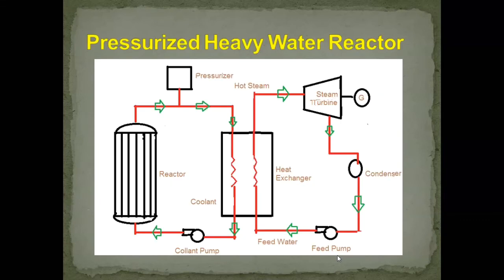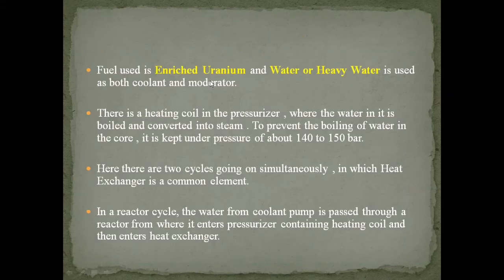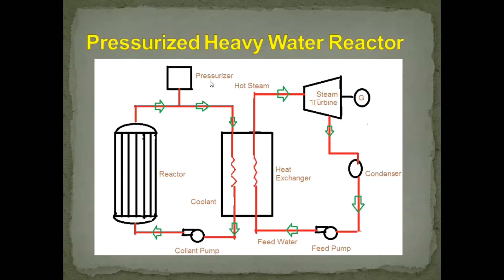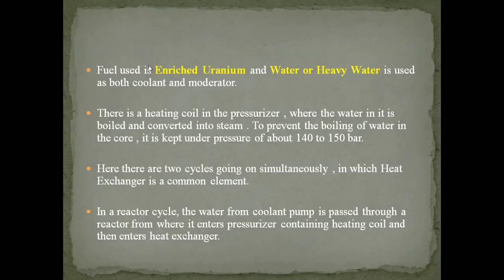You can see that there is the pressurizer. Inside it there is a heating coil which helps convert the water into steam, and to prevent the boiling of water in the core of the reactor, it is kept under a pressure of about 140 to 150 bar. So as you can see, there are two cycles going on simultaneously.